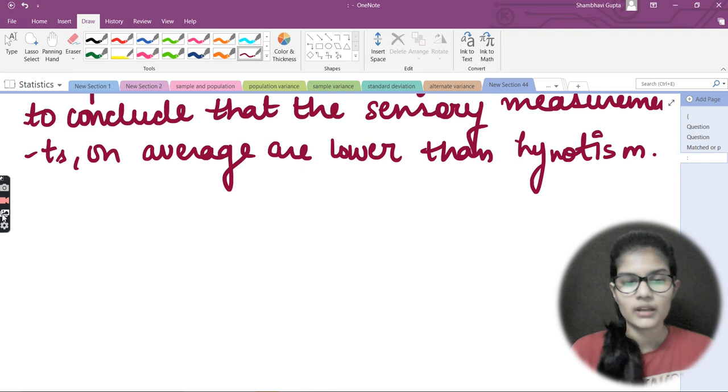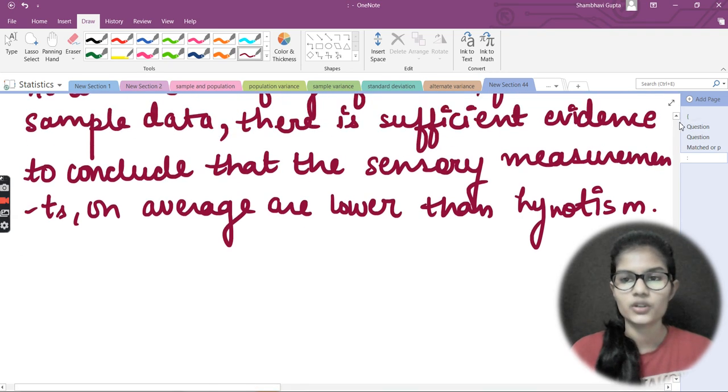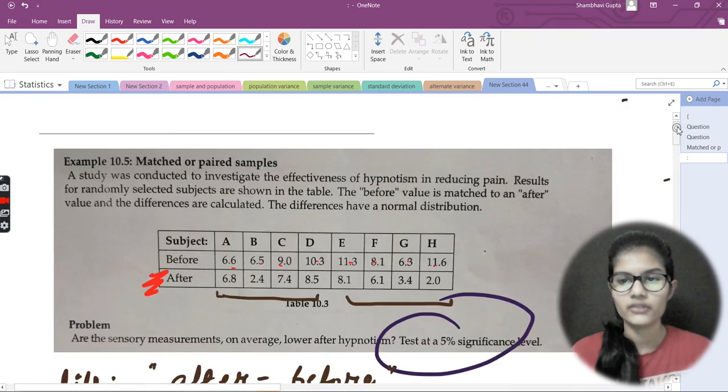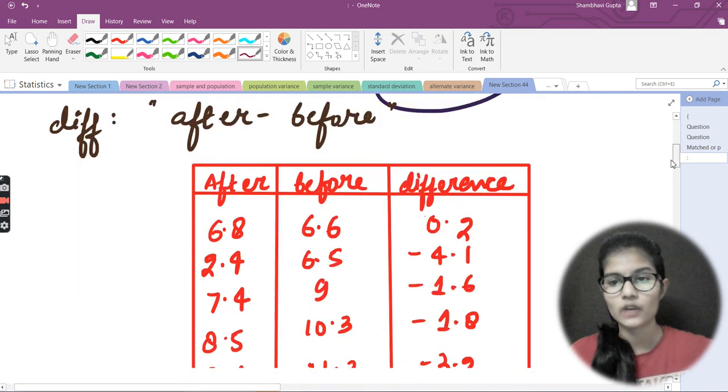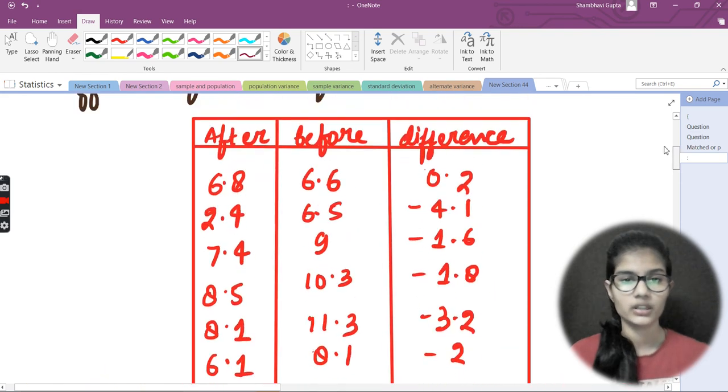Hypnotism appears to be effective in reducing the pain. So this was what we needed to find out at the 5% significance level. Are the sensory measurements on average lower after hypnotism? Test at a 5% significance level. We tested, and yes, hypnotism appears to be effective in reducing the pain. So this was how we solved this particular question.